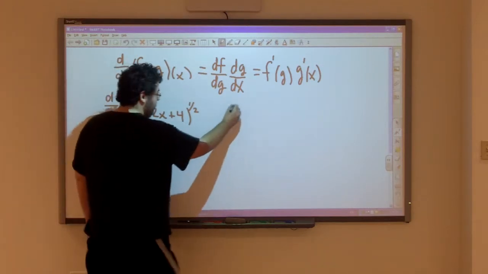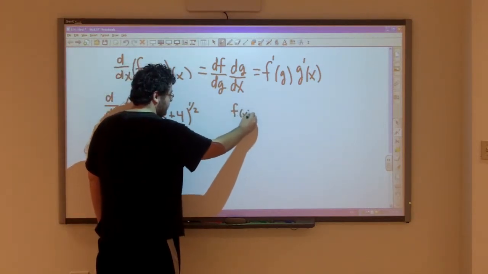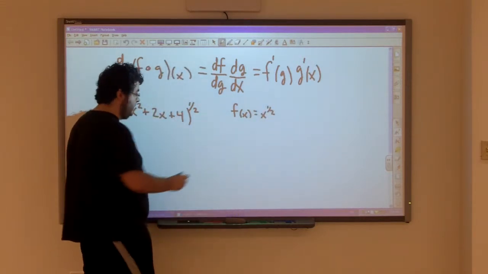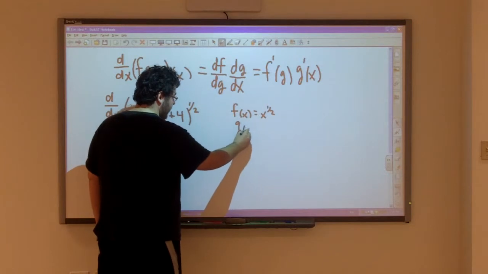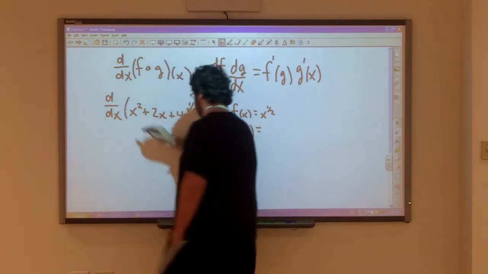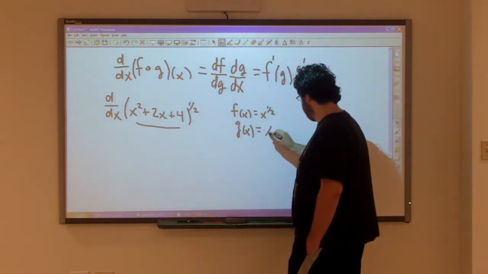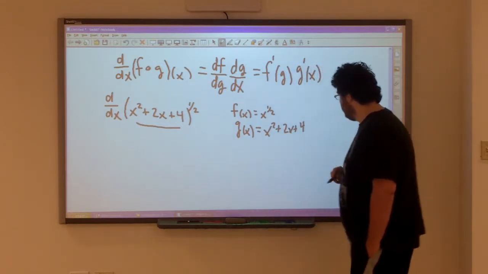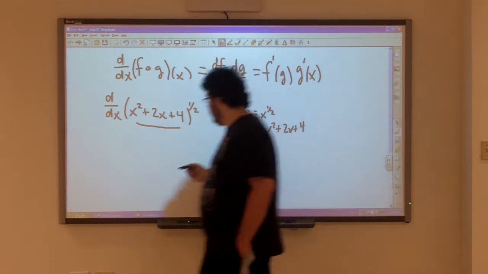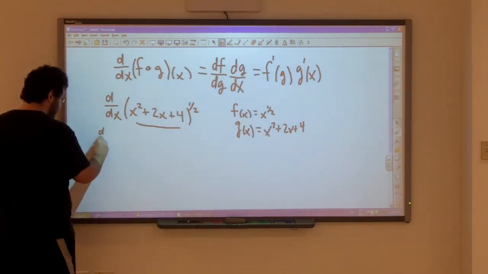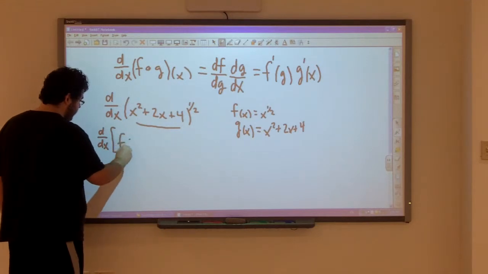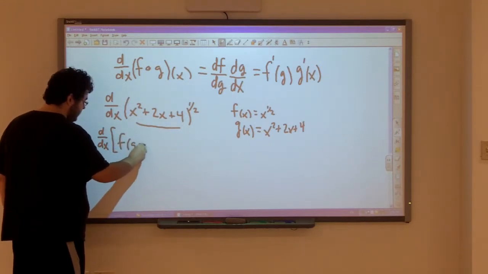So let's say that f of x equals x to the 1/2 and g of x equals this inside part here. Okay, so we can recognize this now as the derivative of f of g of x.